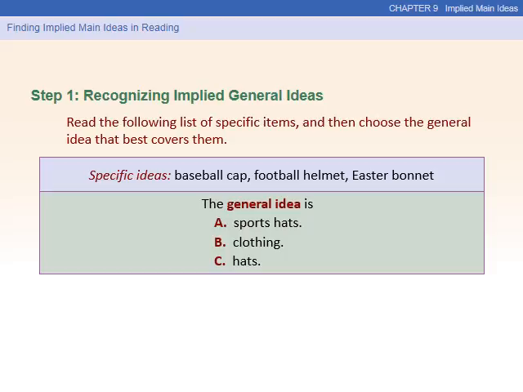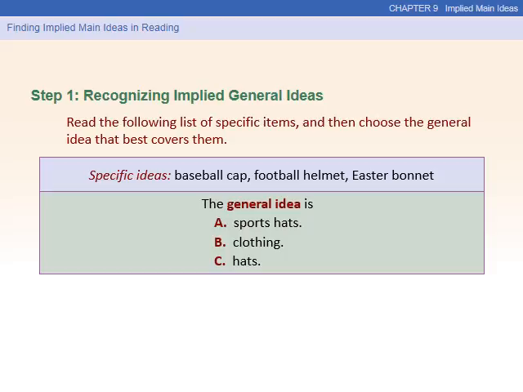So the general idea that we choose has to cover all of these. A baseball cap is a hat that baseball players wear. A football helmet is the hat that American football players wear, and an Easter bonnet is what we just said. Let's go through and look at these. The first one is sports hats.